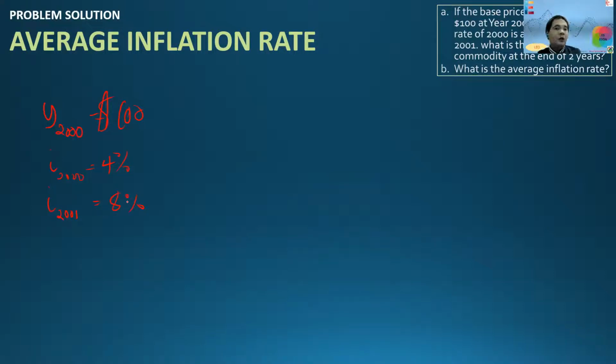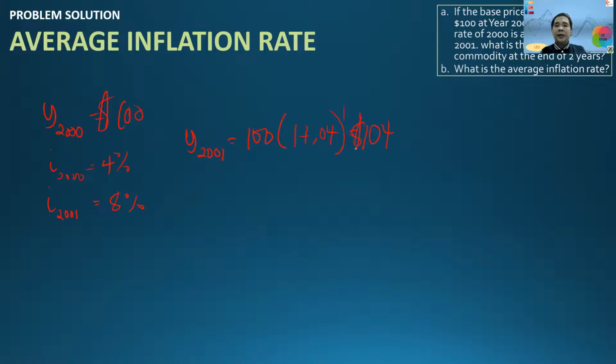So, the value of your commodity in 2001 would be 100 multiplied by 1 plus 0.04 to the exponent of 1. Therefore, at the end of its first year, that is 100 times 1.04, that is around $104.